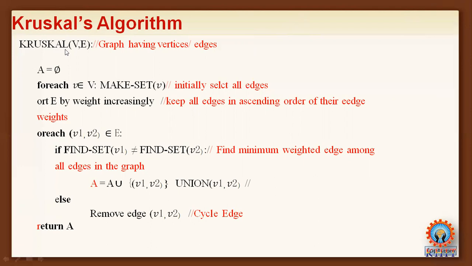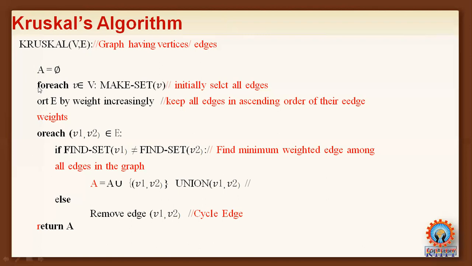Whenever it is working with a graph, consider a graph G. The graph G has two parameters, V and E, standing for vertices and edges. Initially, the graph size is empty, which means there are no vertices.